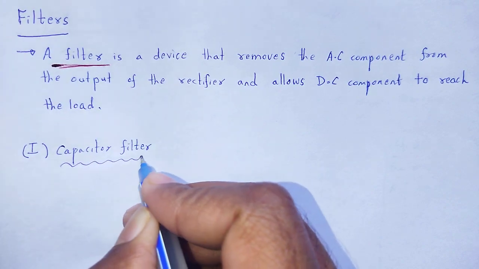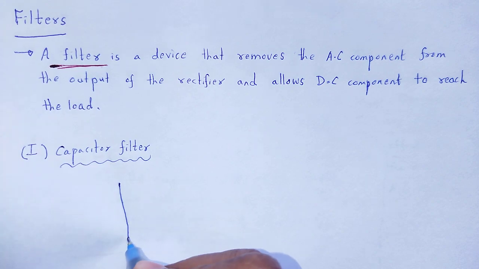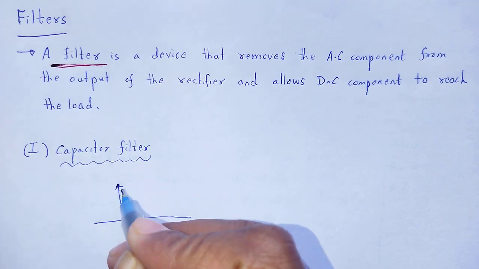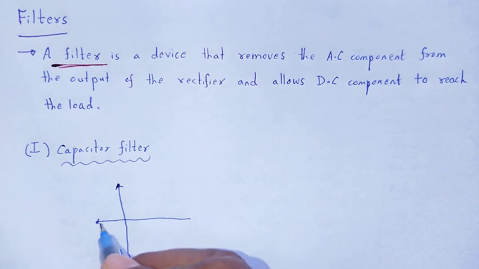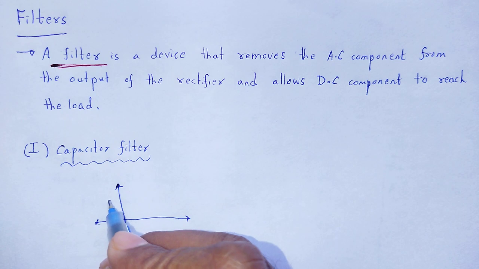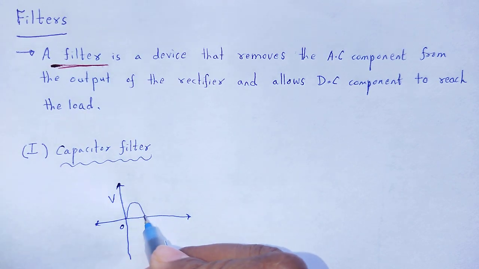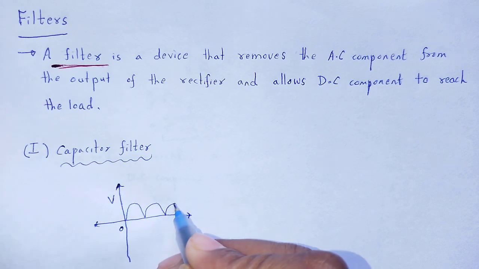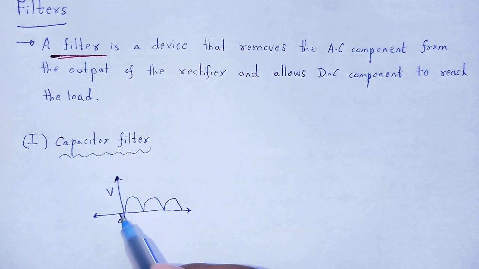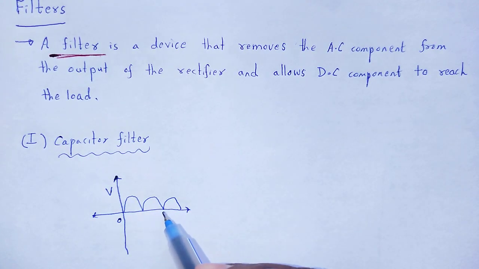What is a capacitor filter? The DC output voltage of the rectifier is a combination of AC plus DC, meaning it is a pulsating DC.